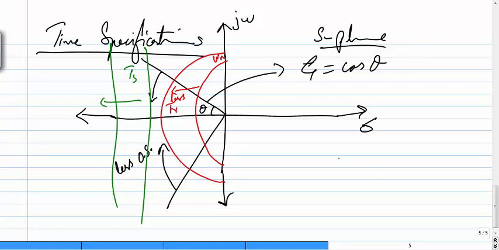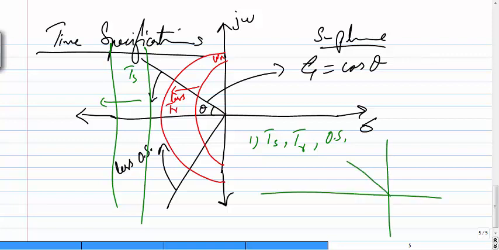So the main idea is that we can choose specs based on settling time, rise time, and overshoot. On that basis, for example, for overshoot we choose this boundary, for rise time we choose this one, and we also choose one for settling time.